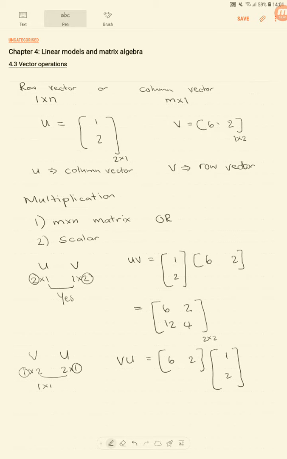So row 1, column 1 will be equal to 6 times 1 plus 2 times 2. 6 times 1 is 6, plus 2 times 2 is 4. So 10. So what do we end up with? A 1 by 1 matrix, which is a scalar.